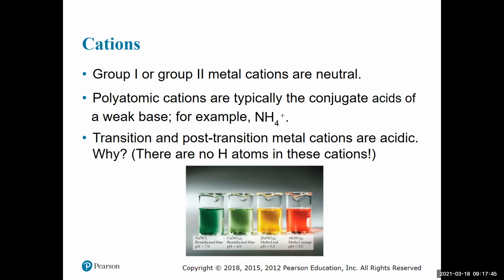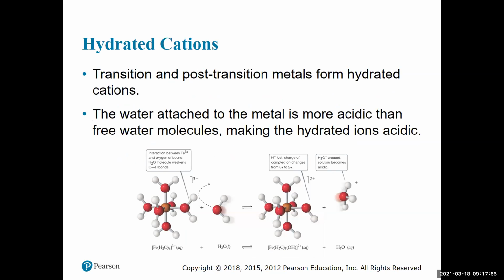The transition and post-transition metal cations are acidic. And we're going to talk about why that is, because there's no protons involved. It gets a little complicated. Post-transition just means the column or 2 right past the transition ones. They form hydrated cations.